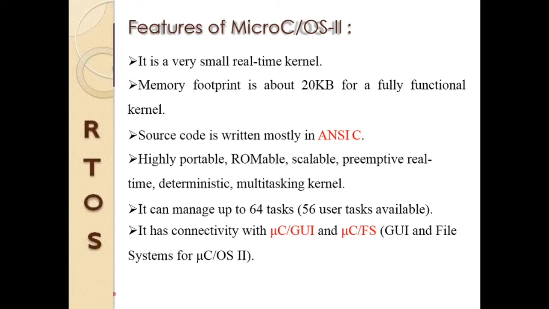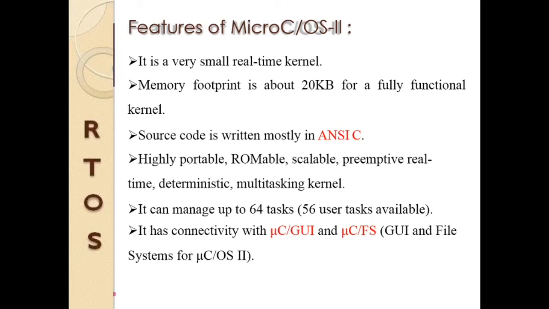As I said earlier, MicroC OS 2 is written in ANSI C. That means it is written in our C language and it provides portability to a number of microprocessors like 8086, so that we can write a program in the C language and easily port it to our target microprocessor like 8086 and others.